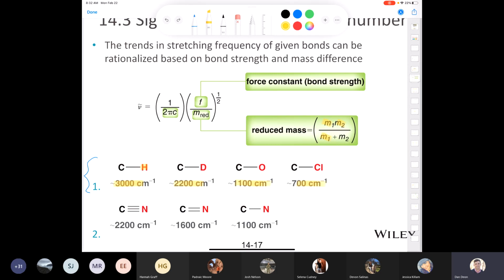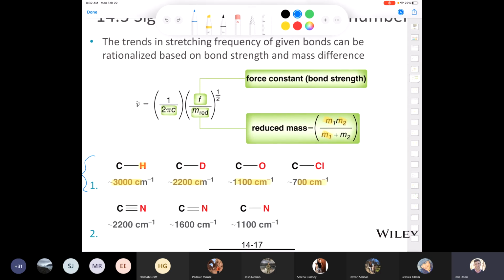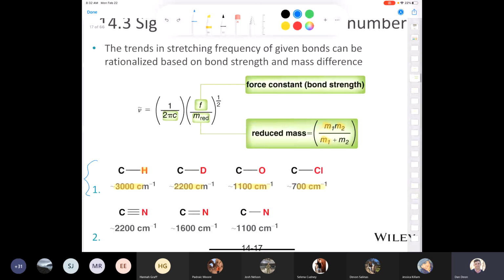And if you go up to, say, carbon and chlorine, we could even calculate the reduced mass. I have a calculator here. If you take 12 divided by 13, you get a reduced mass of roughly 0.92.